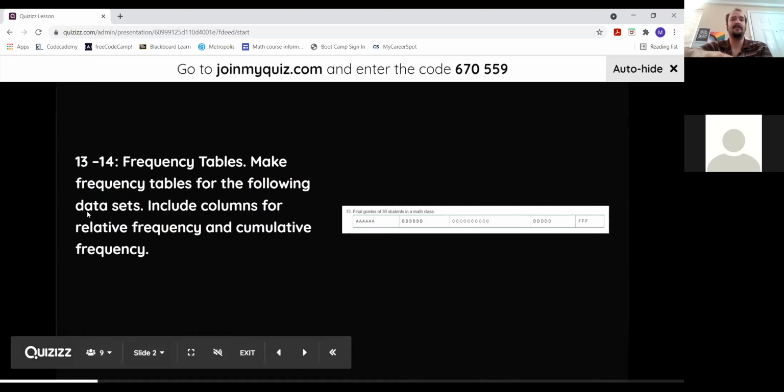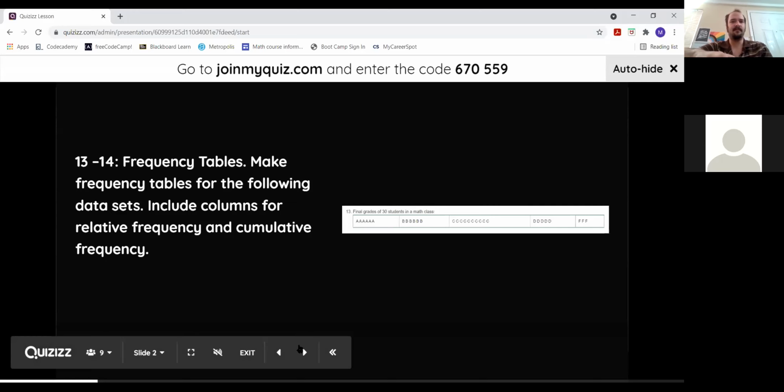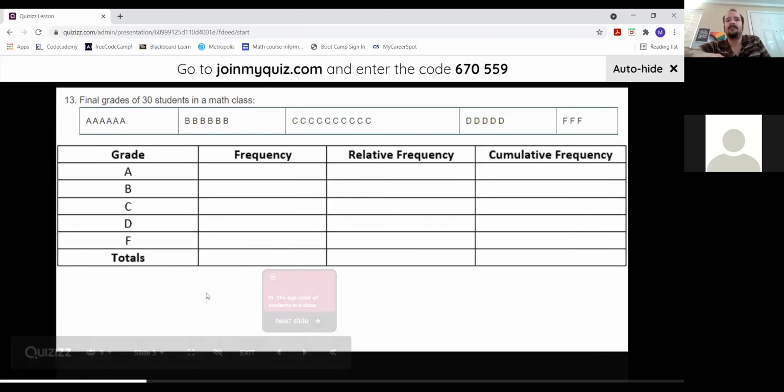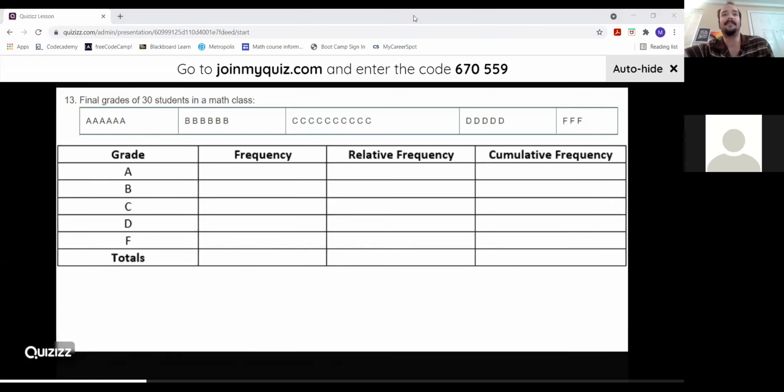Okay, so make frequency tables for the following data sets. Include columns for relative frequency and cumulative frequency. I don't have the solution lined up, I have the blanks on here. So we want to make a frequency table. Do you think you can do this? So how many A's do I have? 6. How many B's? 6.